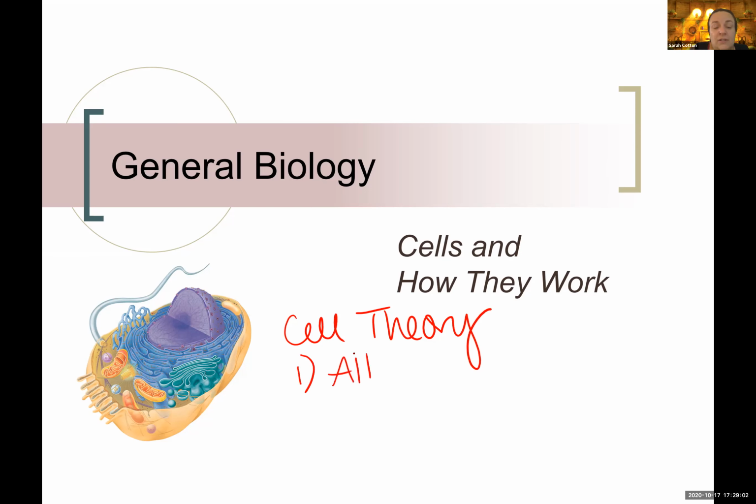One or more cells, I should say, because there are many organisms that are unicellular. They are made of only one cell. But all living things are made of cells. That's the first part of cell theory. The second part of cell theory states that all cells come from previously existing cells.